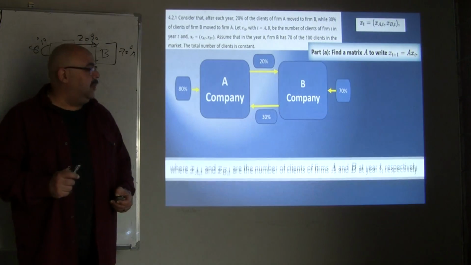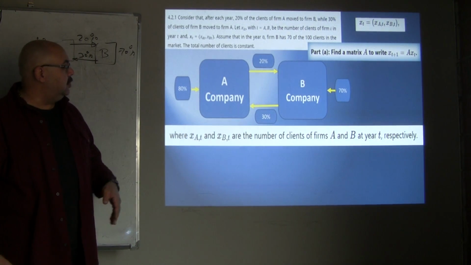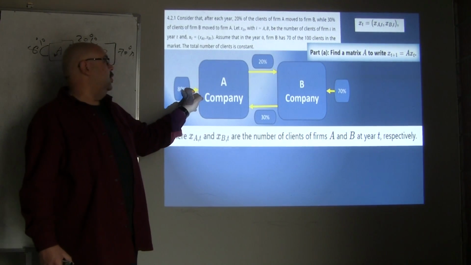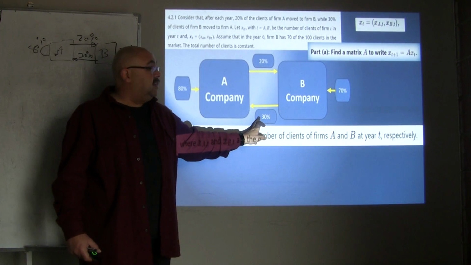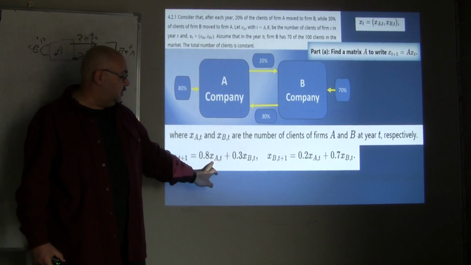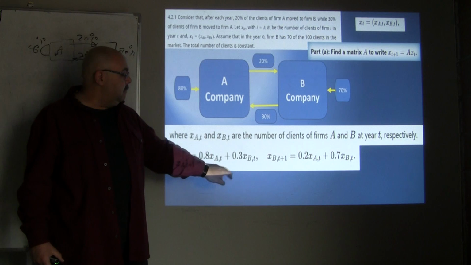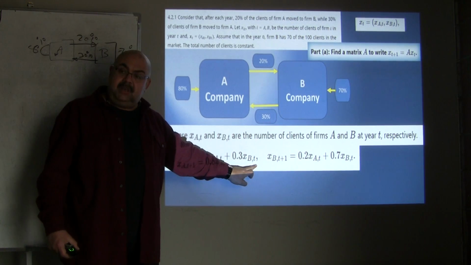Now, simply all I have to do is to use what I told you about. From A, it's going to be 0.8 times x1(t) plus 0.3 times x2(t). Here we go: 0.8 x_A(t), or x1(t), plus 0.3 x_B(t), or x2(t).